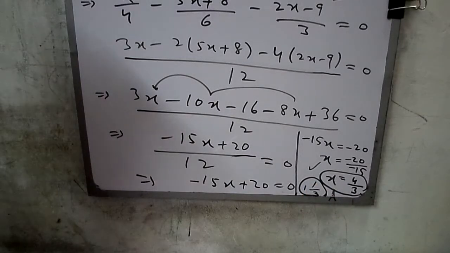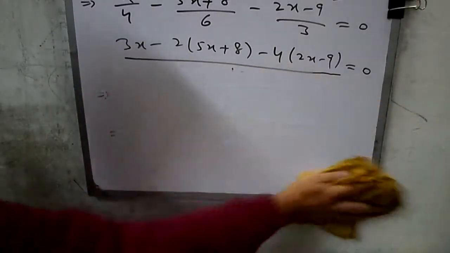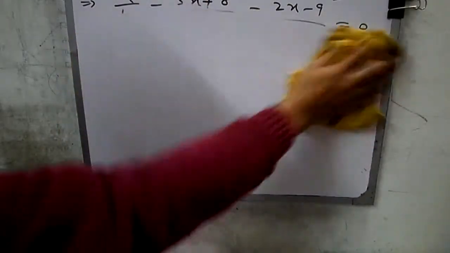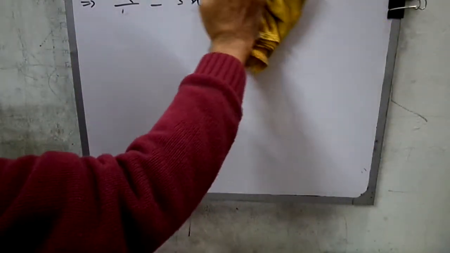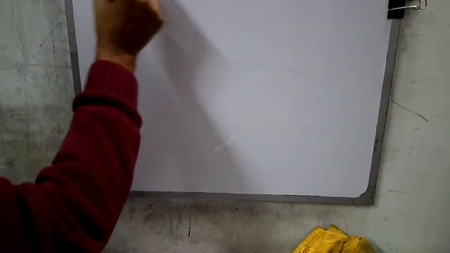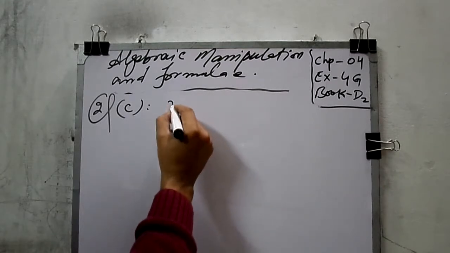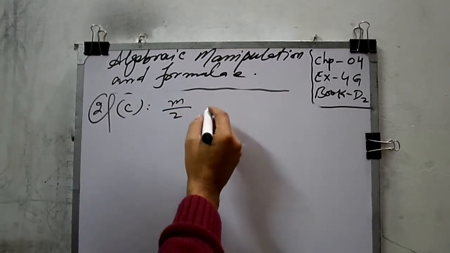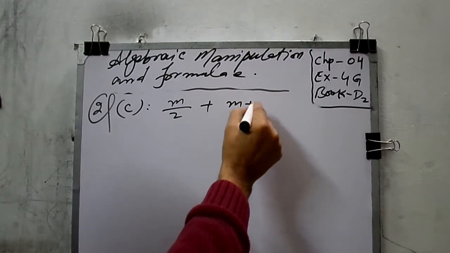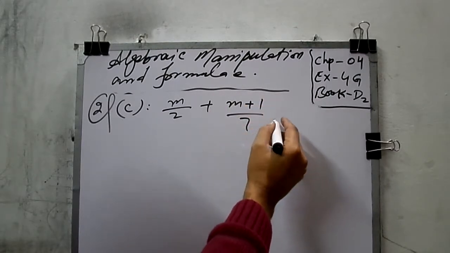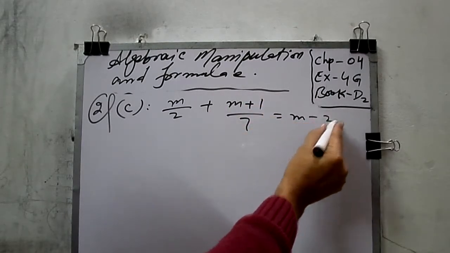So now coming to the C part. In C part, m by 2 plus m plus 1 by 7 is equal to m minus 2.